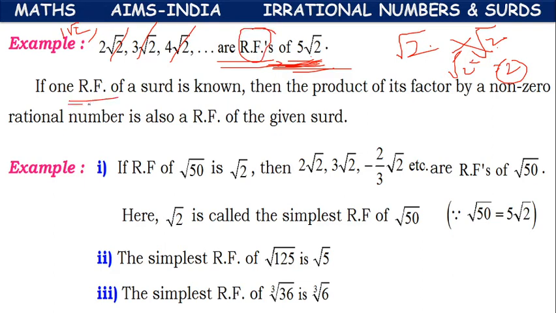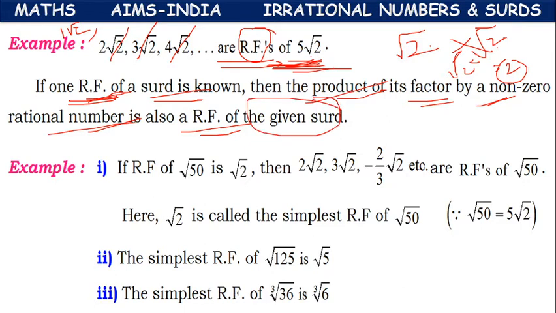Means if one rationalizing factor of a surd is known, then the product of its factor by a non-zero rational number is also a rationalizing factor of the given surd. Means for 5 root 2, first we have found one rationalizing factor, which is root 2.